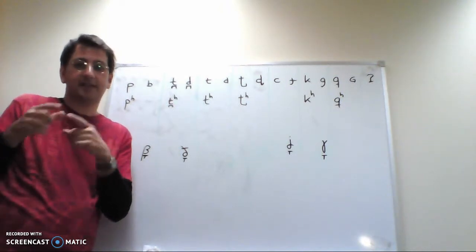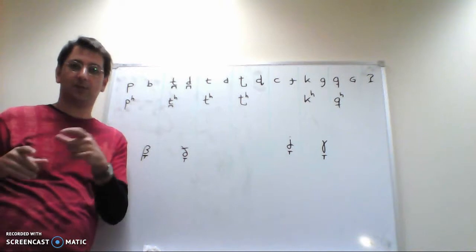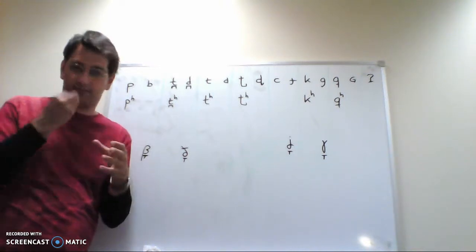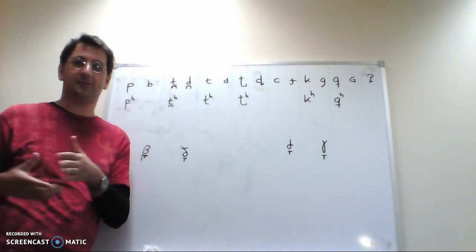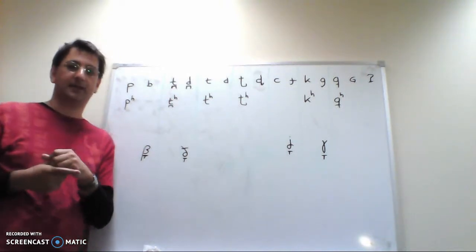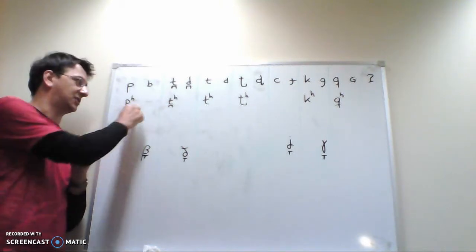So there is this intermediate moment when the mouth is already open, but then you get this air coming through the glottis that produces that hiss. Alright, so that's what produces the aspiration here.